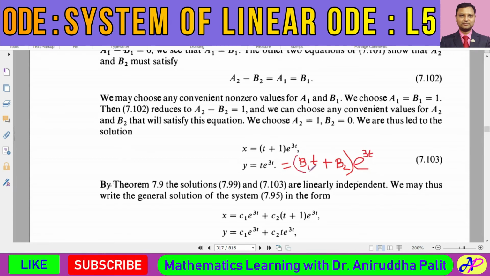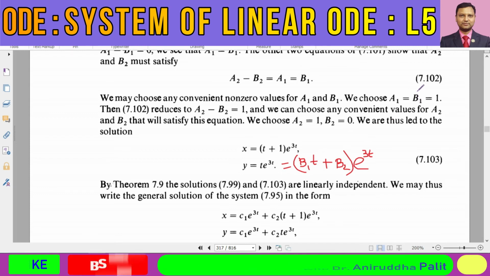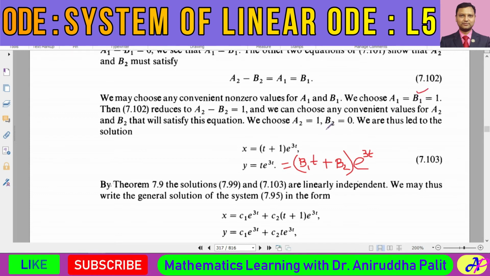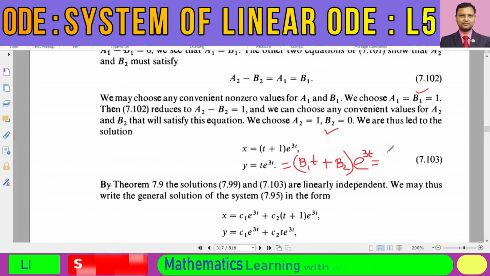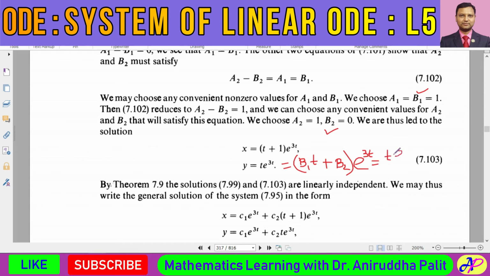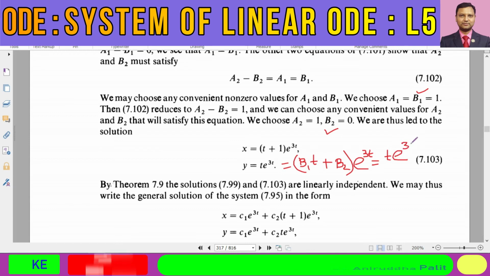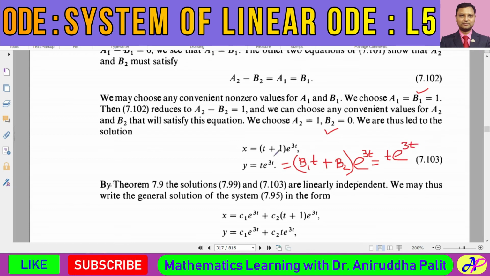If we put B1 equal to 1 and B2 equal to 0, what we shall have? We shall simply have t into e to the power of 3t. So in this way we will get the second expression of y. Clear?